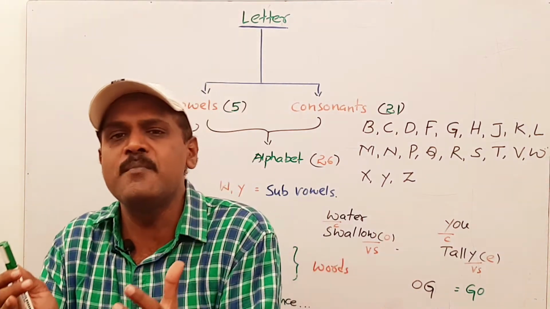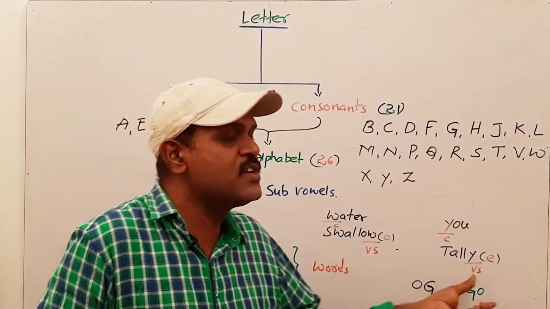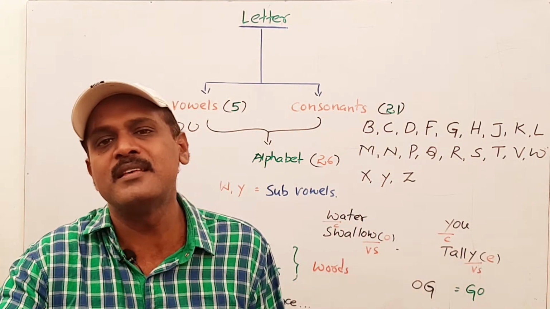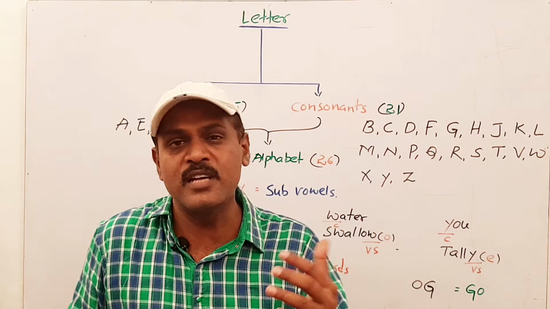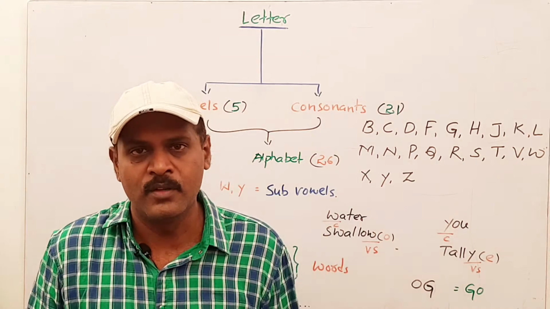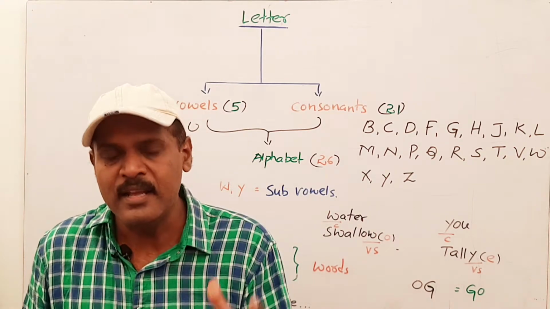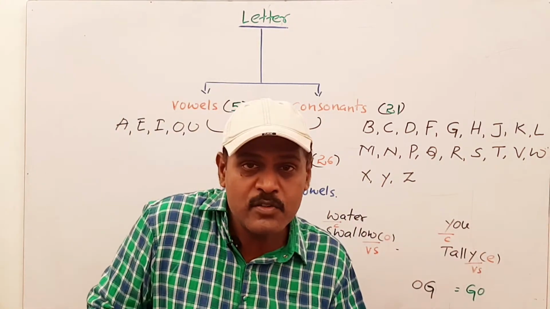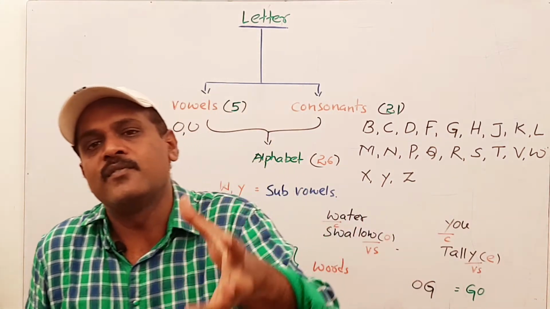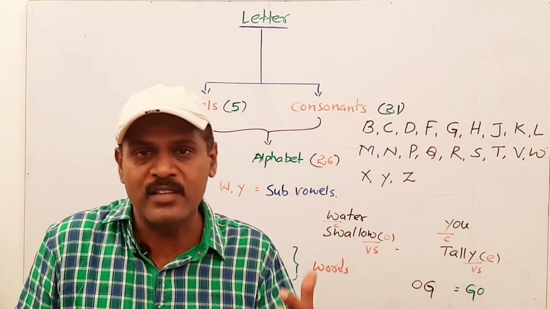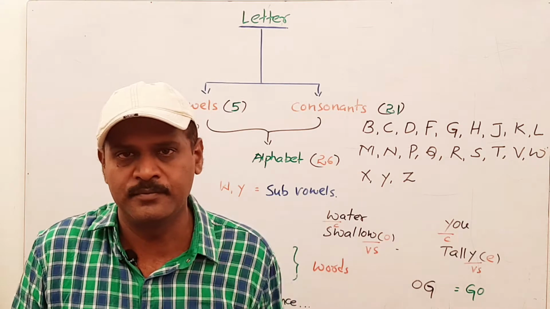By using the same letters, I write GO, go. It is a word. It has been used for many years as a word, and it can also be found in the dictionary. That's why a word has some meaning, has been used for many years, and can be found in the dictionary, and then it is called a word.